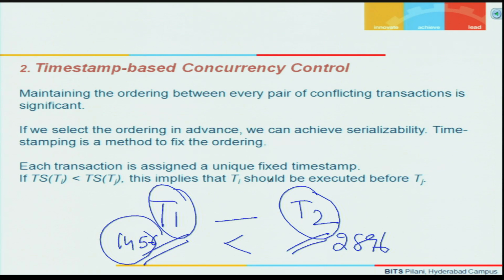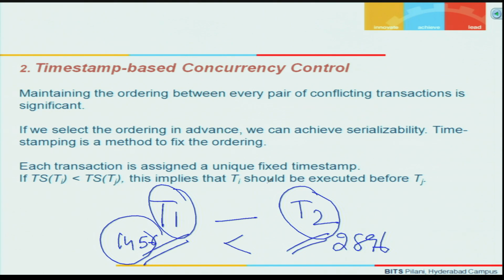If you have this kind of ordering, then it is easy to achieve mutual exclusion, and we can decide which transaction will access the data item and which transaction is not properly accessing the data item, so that if it is accessing a data item, it can lead to problems. That kind of situation can be handled by this timestamp based protocol.